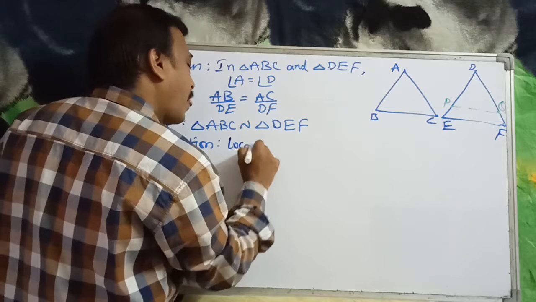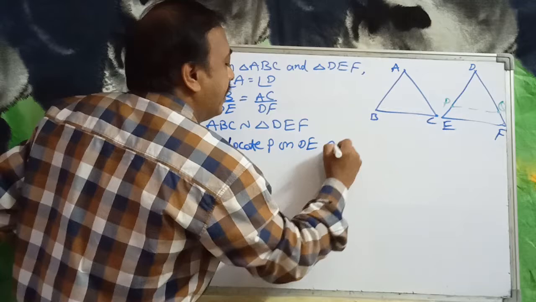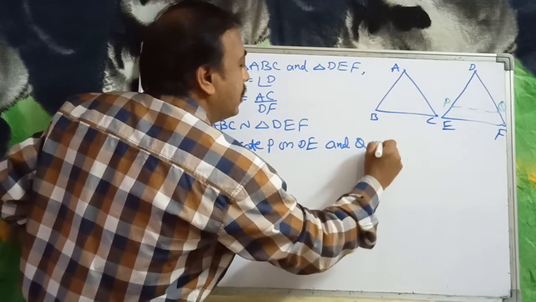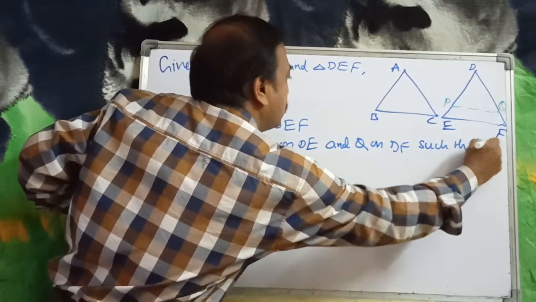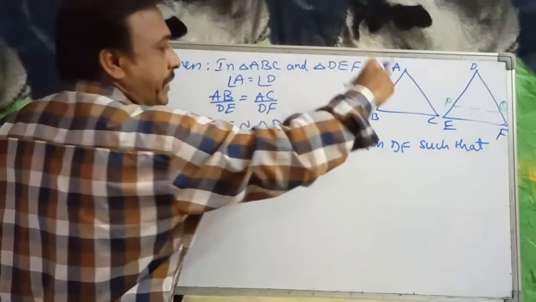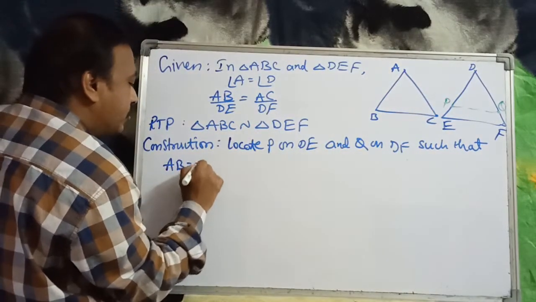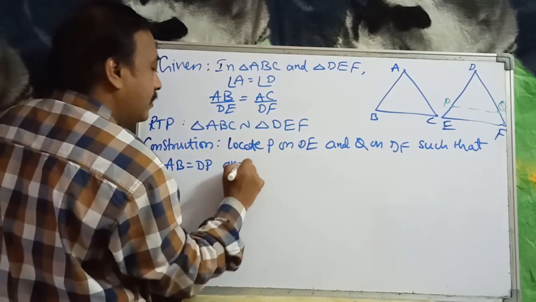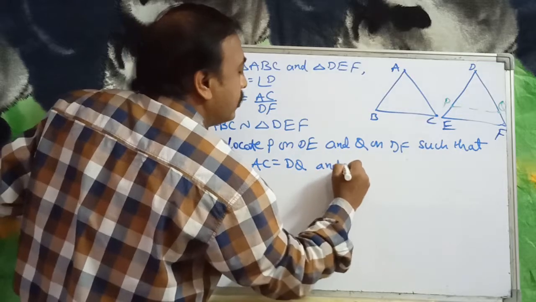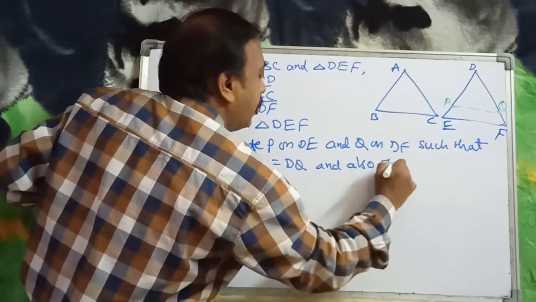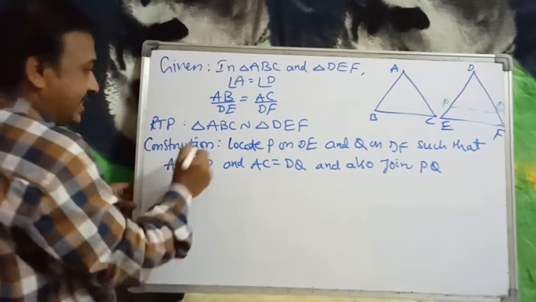So locate P on DE and Q on DF such that AB is equal to DP and AC is equal to DQ, and also join PQ. Now that is the construction.